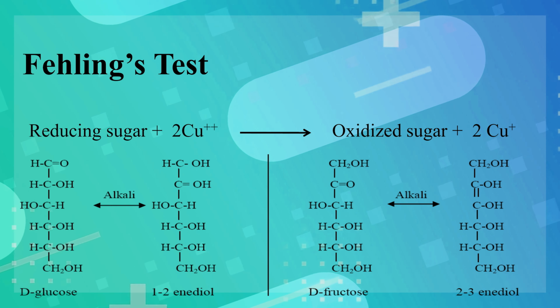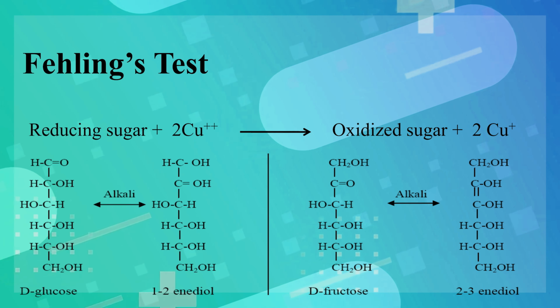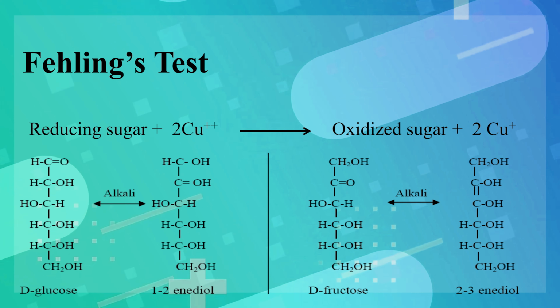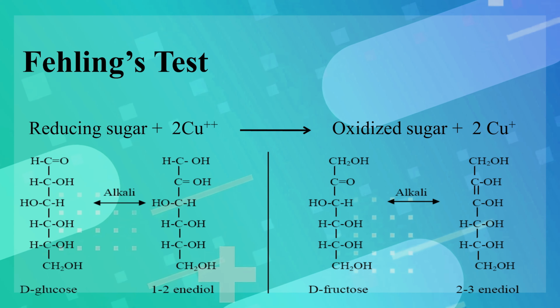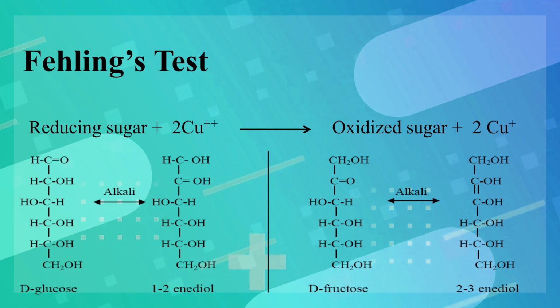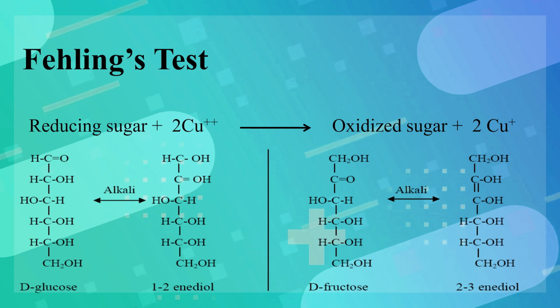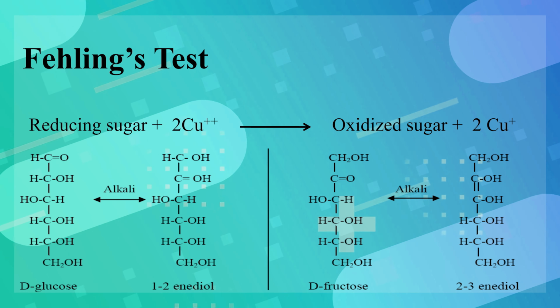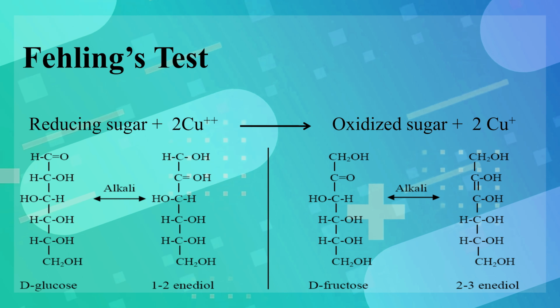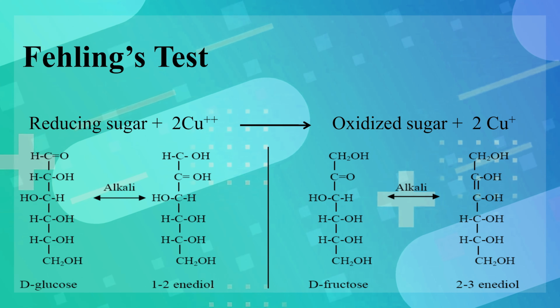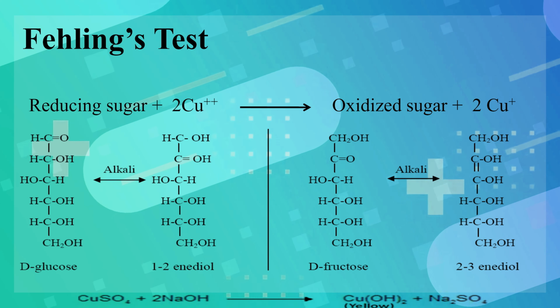These enediol forms of sugars in alkaline solution are very powerful reducing agents, so they will be able to reduce oxidizing ions such as copper, and the sugars will be oxidized to complex mixture of acids.